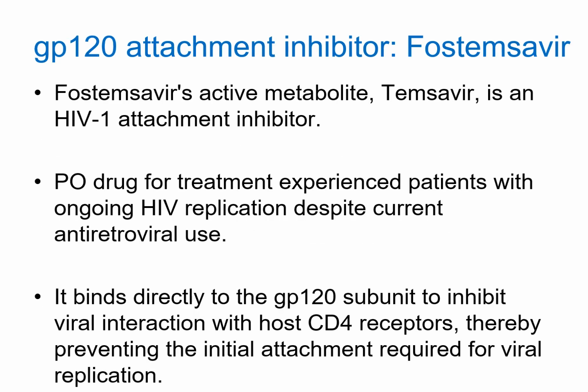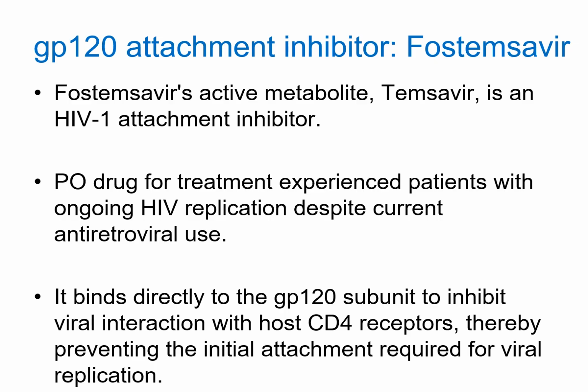Another relatively new drug, an attachment inhibitor, is the GP120 attachment inhibitor, fostemsavir. The active metabolite of fostemsavir is actually temsavir. It's a PO drug. And how does it work?